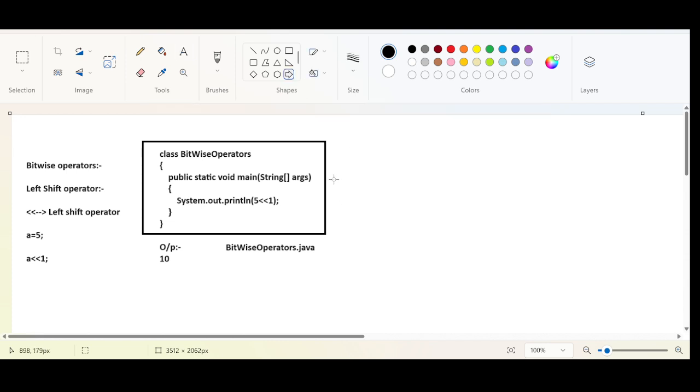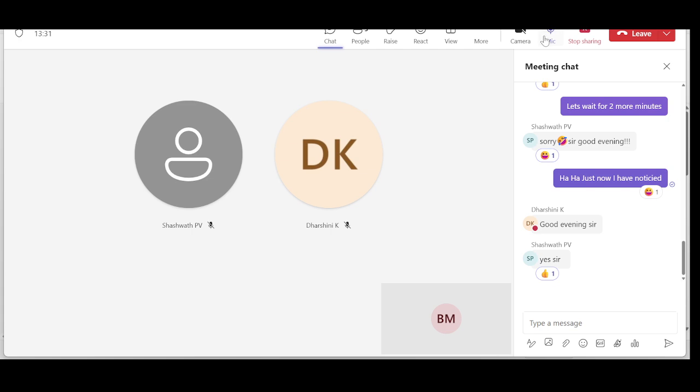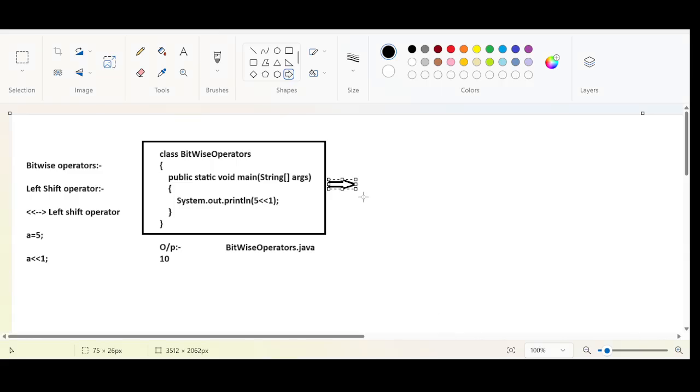Every source code needs a compilation. Okay. So every source code needs a compilation.